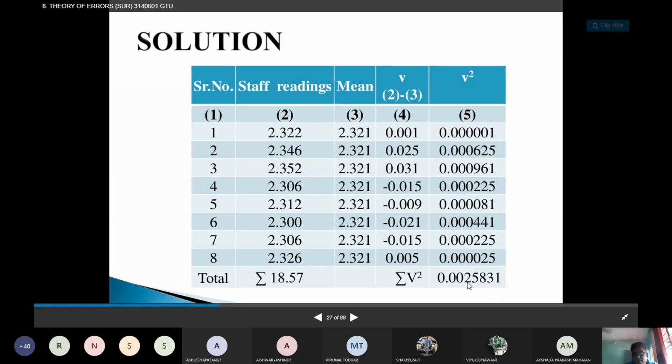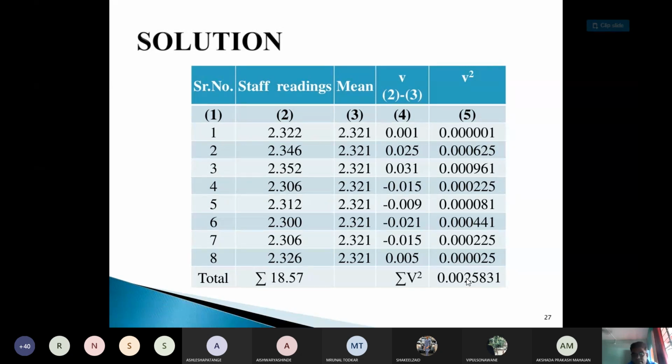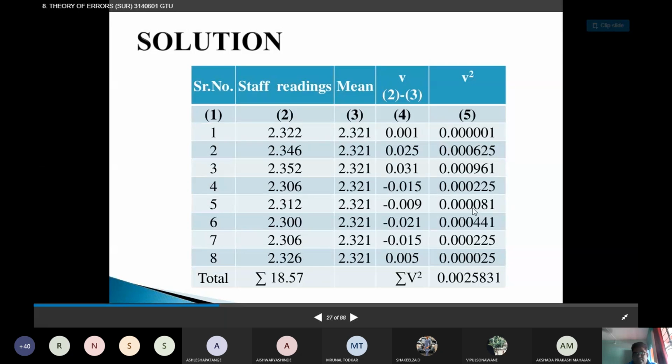So v square will give these values, and v square is nothing but 0.0001, like that you have to prepare this table. I think you understand this. Summation of all the observations you have taken; there are 8 observations. According to these observations, you find out the mean value by dividing by 8, then we get the mean value, and find out the v value.